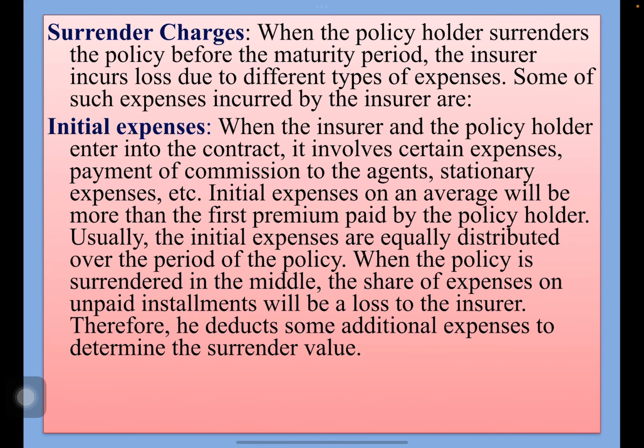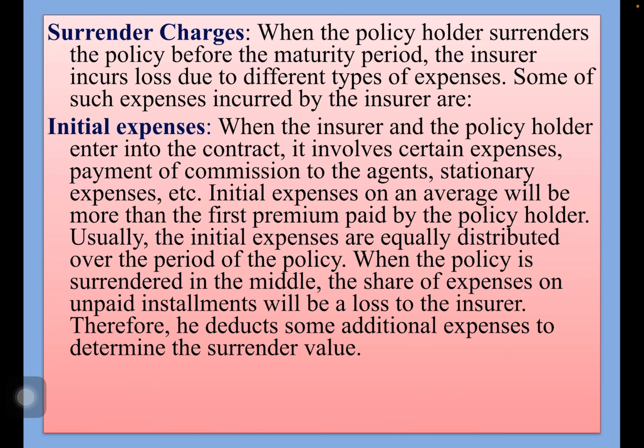Surrender charges. When the policyholder surrenders the policy before the maturity period, the insurer incurs loss due to different types of expenses. Some of such expenses incurred are initial expenses. When the insurer and the policy holder enter into a contract, it involves certain expenses, just like payment of commission to agents, processing expenses, stationery expenses, etc. Usually, initial expenses on an average will be more than the first premium paid by the policy holder.